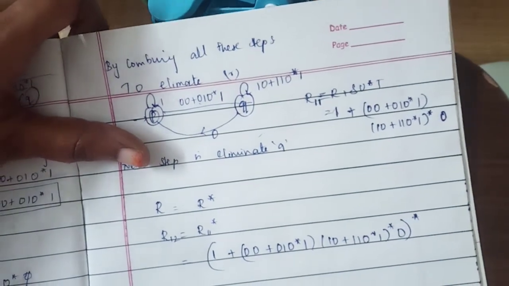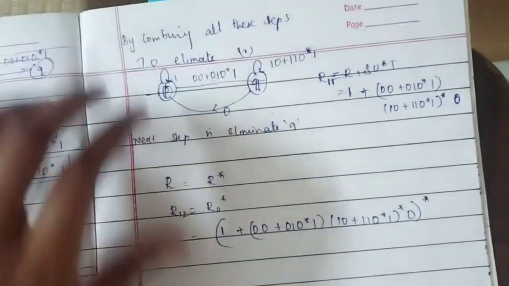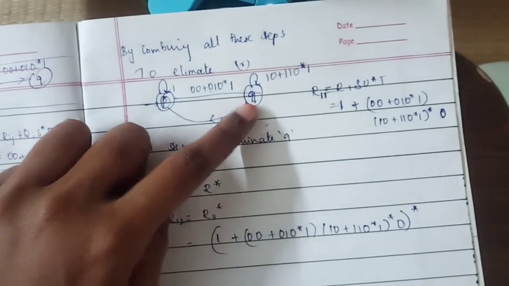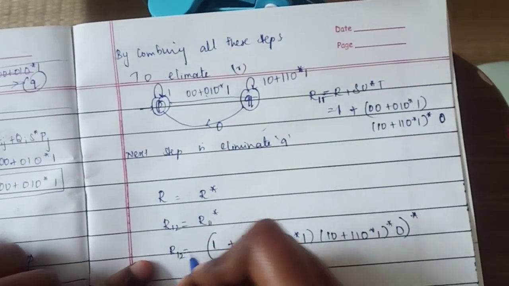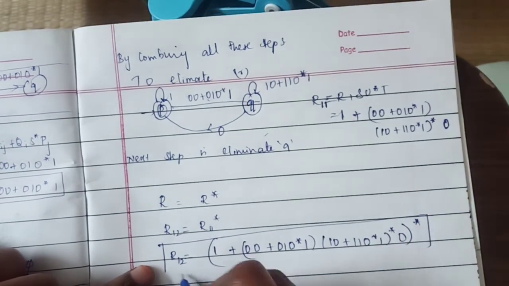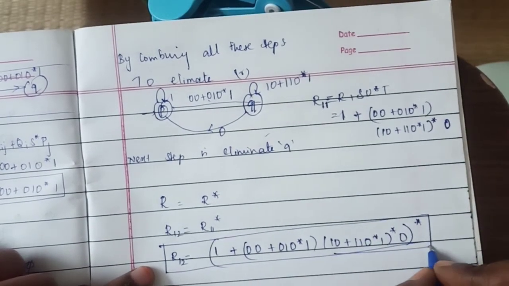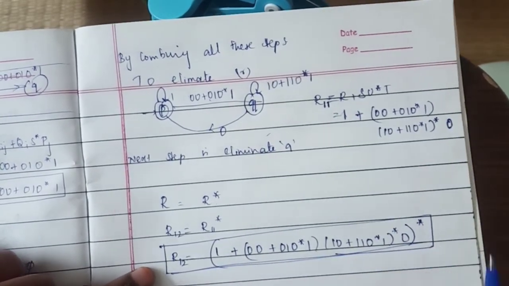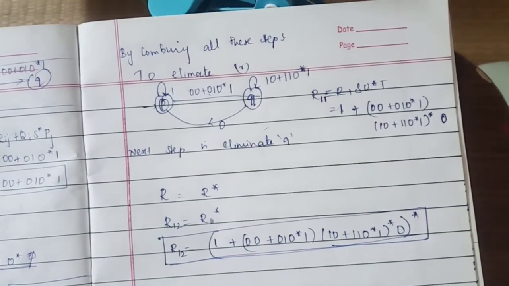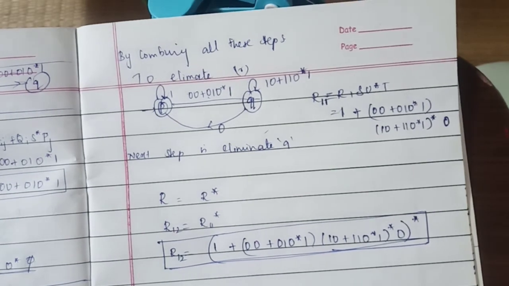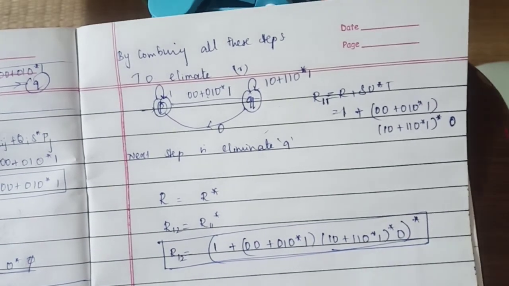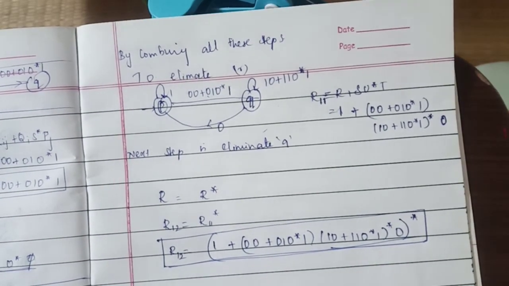So this is my final regular expression. Now we are eliminating this Q also. After eliminating this, you are getting R12. So this is my R12, right? So this is my final regular expression. Thank you.